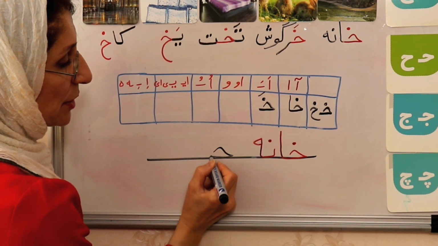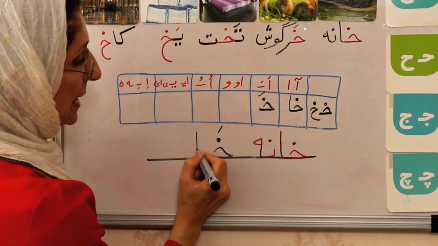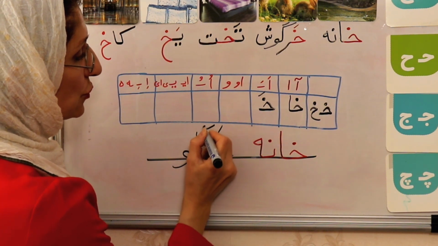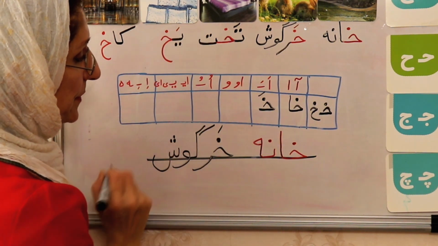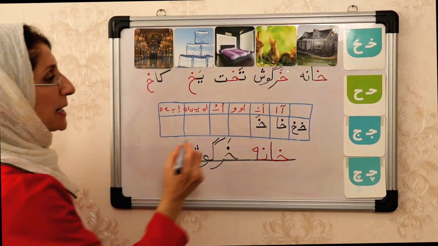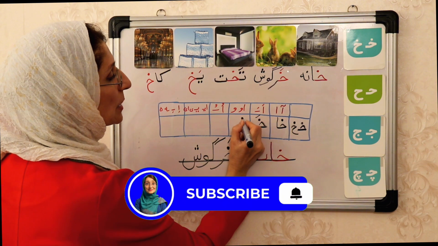You see, write the khe, ar, and goosh. Khargoosh.